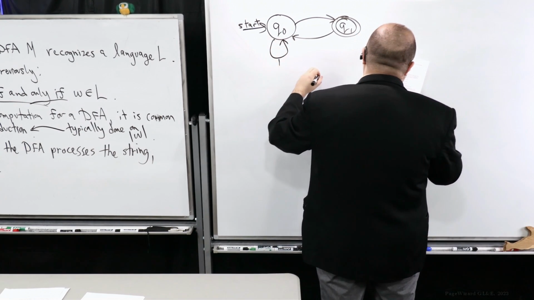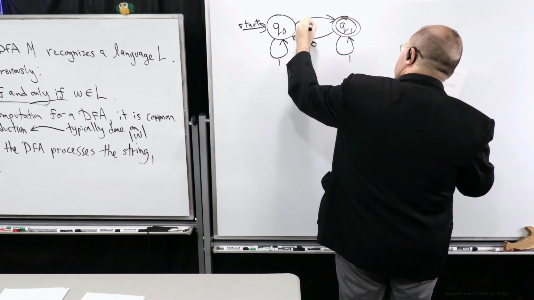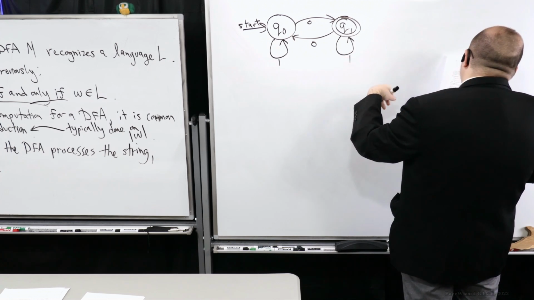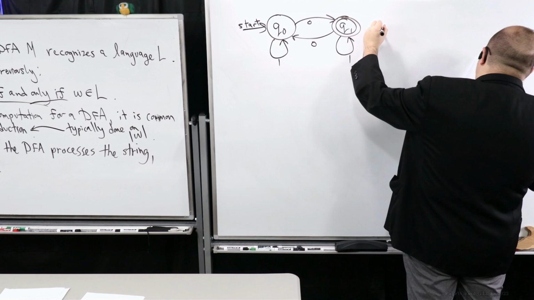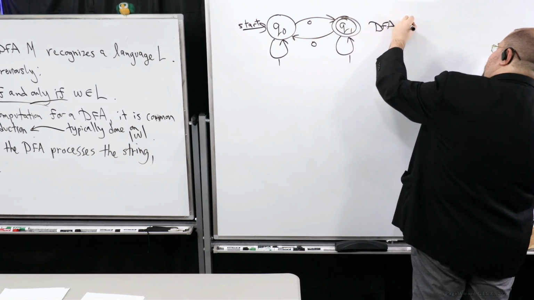I'm just going to put the loops down here. So we claimed previously that this DFA, which I'm going to call M odd, this is the transition diagram of M odd.